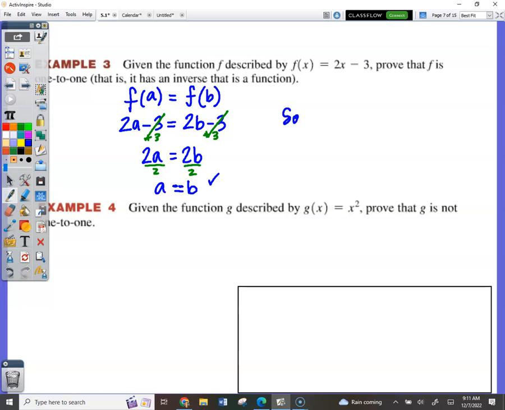So, if f of a equals f of b, which is where we started, right? Then we came to a must equal b. Now here's the new part. What does that mean? I just did all of this algebra.